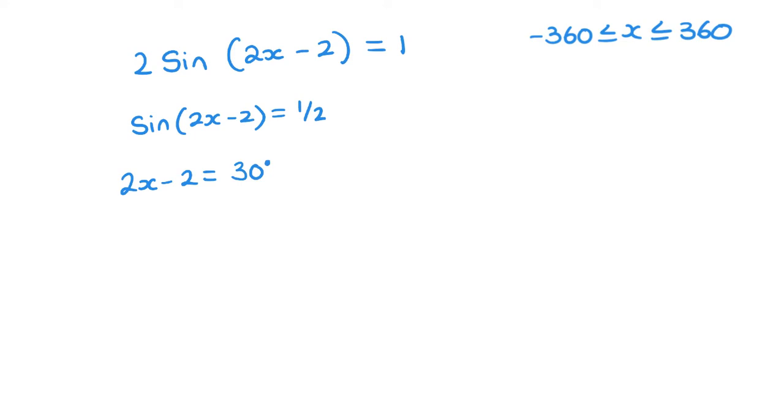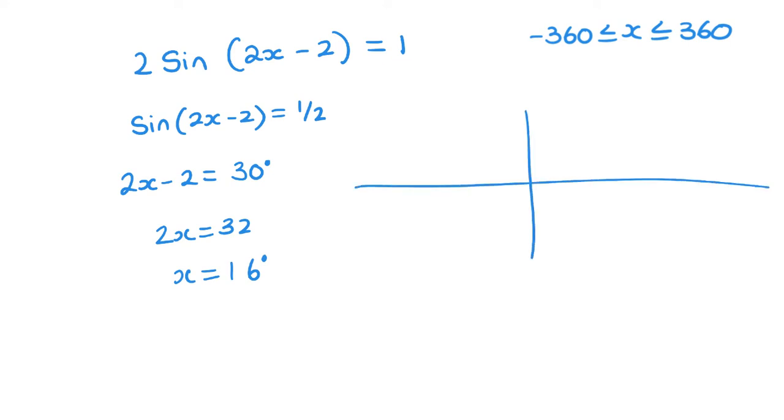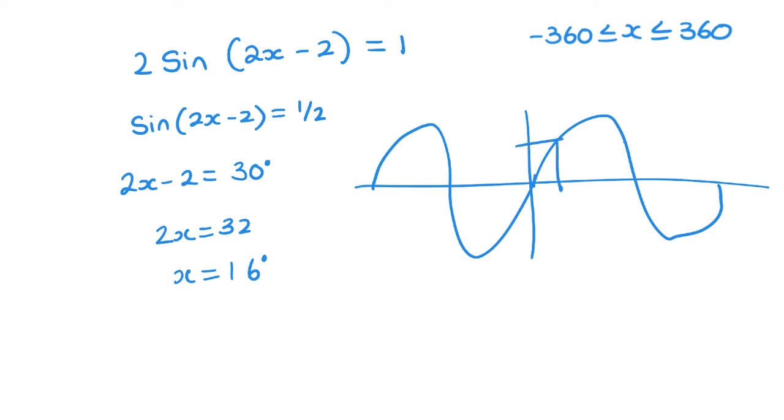Did we add 2 to both sides? Yeah, so we got 2x equals 32, and then what did we do? Divided by 2, x equals 16, and then you drew the graph, didn't you? Yeah, you did this, and then you were like, right, it's here, we go down, it's here, we go down, yeah, and here, yeah? Okay, this is completely and utterly wrong.